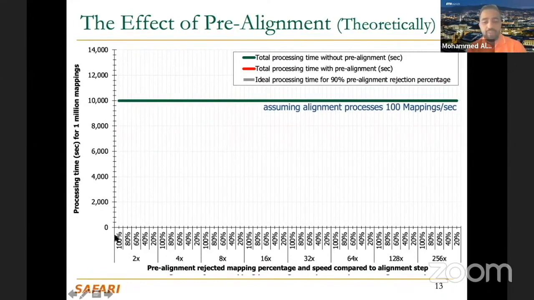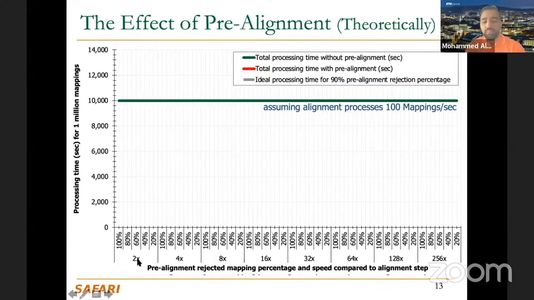The first row is the rejection ratio of the filter, meaning the percentage of the input mappings or pairs that get rejected by the filter. So we have 100% all the way to 20%.